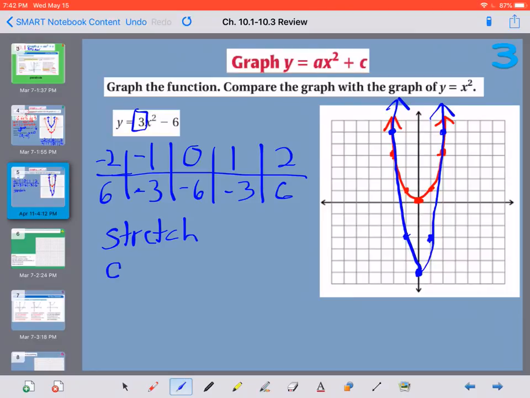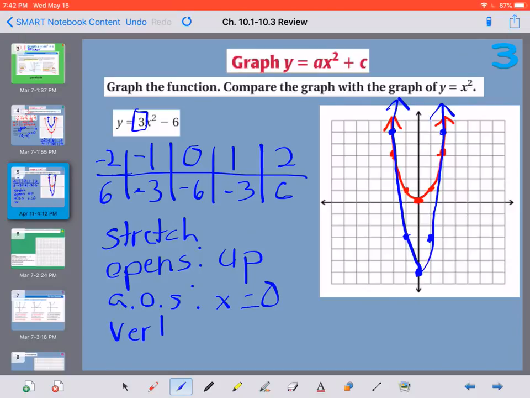This also opens up. It has an axis of symmetry of x equals 0. And it has a vertex, the lowest point in this case, of 0, negative 6.